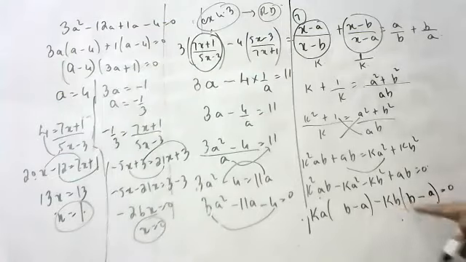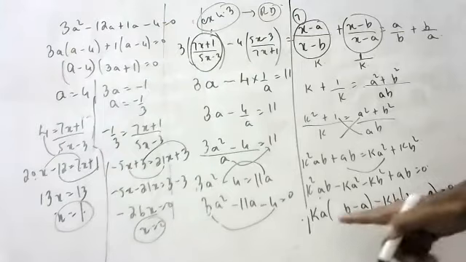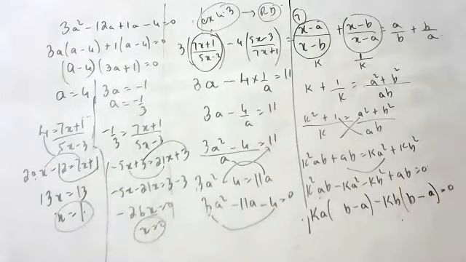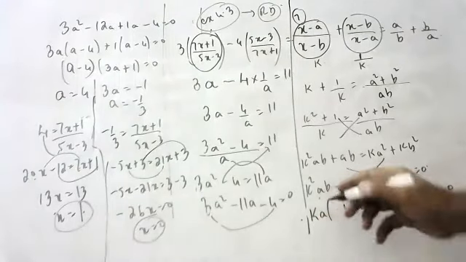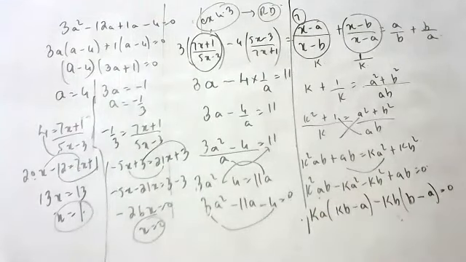Sir, but K is square, no, sir? So, if we group K square AB and minus KB square, K is common. Otherwise, the first and the last terms we can take common.